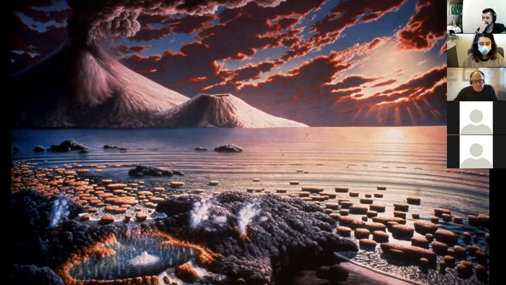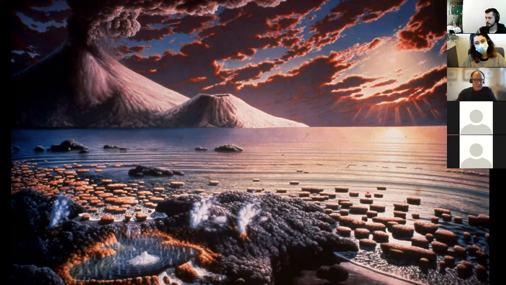If any of you have been to the Smithsonian in Washington D.C. and you start at the beginning of the museum, you see this backdrop, an artist's rendering of what life may have looked like in the very beginning.